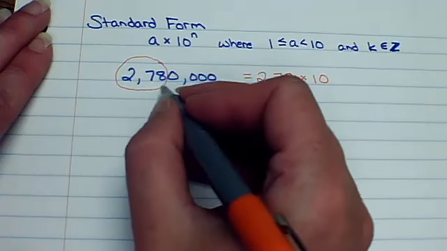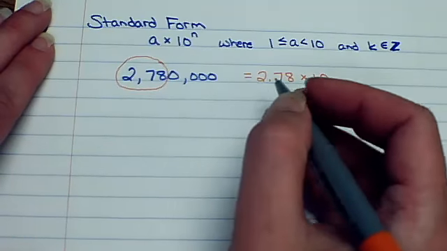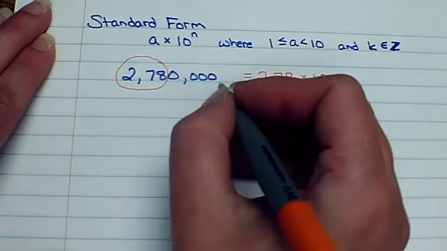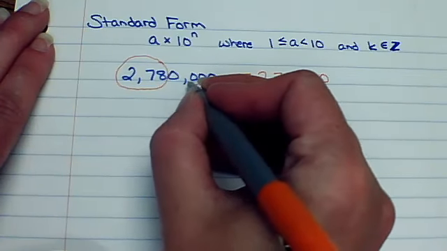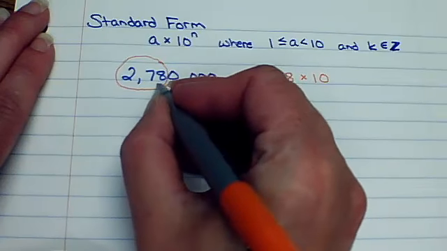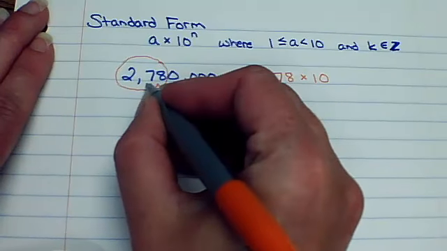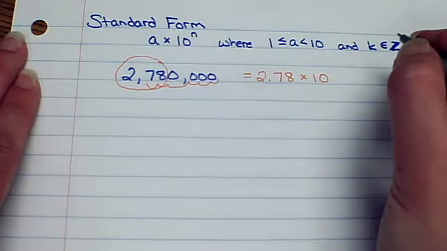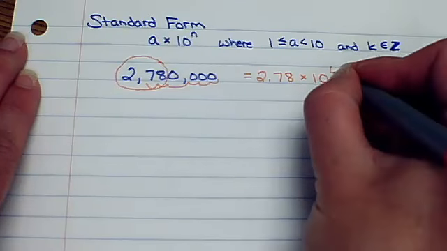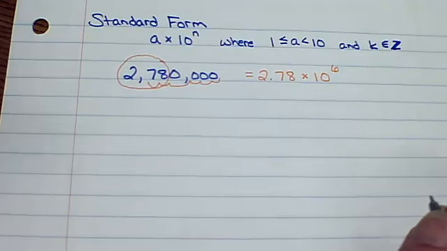If we had a small fraction, it'd be negative. So let's see how many places we go. Start here. 1, 2, 3, 4, 5, 6. So this would be 10 to the 6th. Super, super easy. Let's take another one.